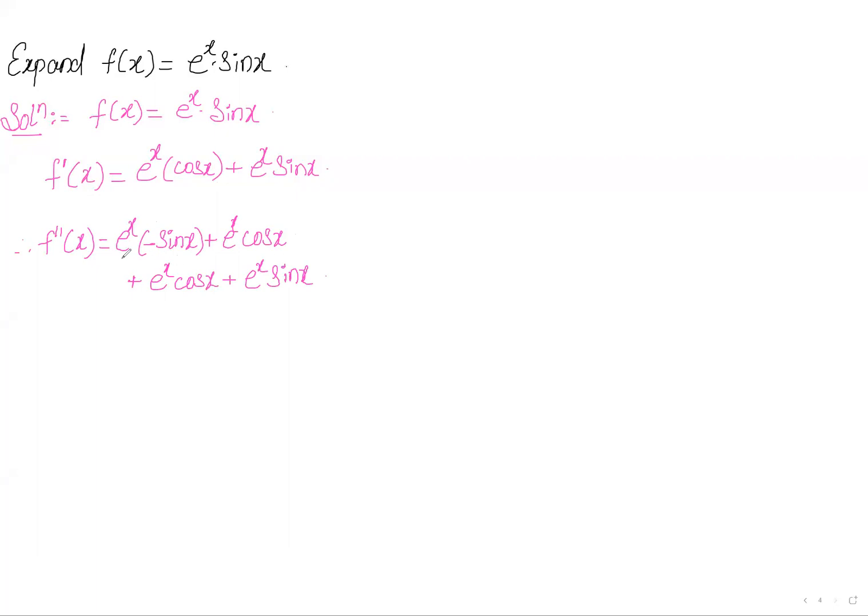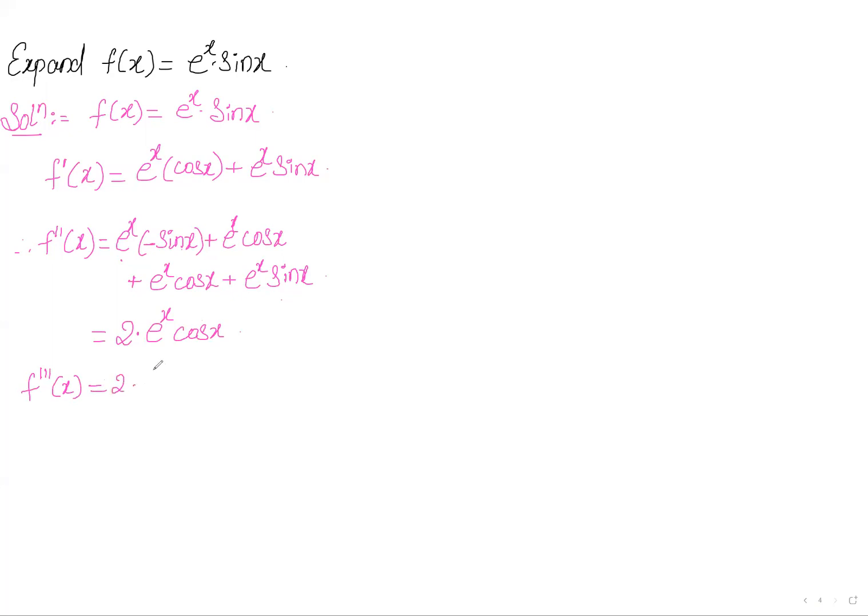Now here we have minus e raised to x sin x and plus e raised to x sin x. Then these two terms will cancel, and the remaining term is 2 into e raised to x cos x.